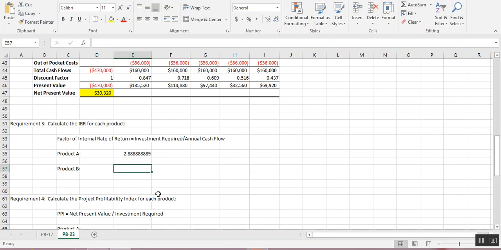So then for product B, we're going to take our initial investment, which was $470,000. And the annual cash flow from that one was $160,000, same place, only I'm looking in the product B chart. So here's our total cash flows, and it's $160,000.